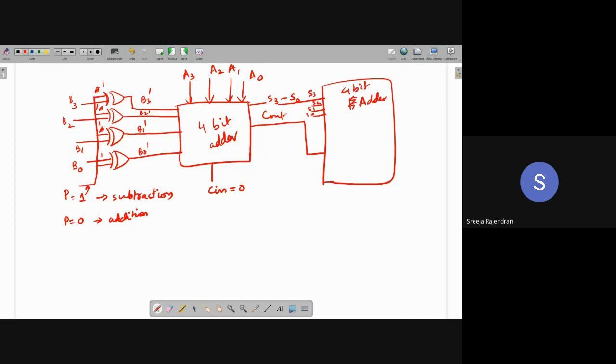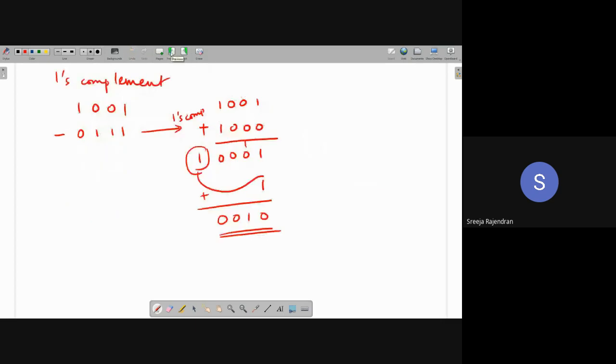Yes or no? Whatever carry was generated was being added to my LSB. So if this is the initial sum S3, S2, S1, S0, and this is your C out, now I need to add this C out to my S0. And that will give me my final result.